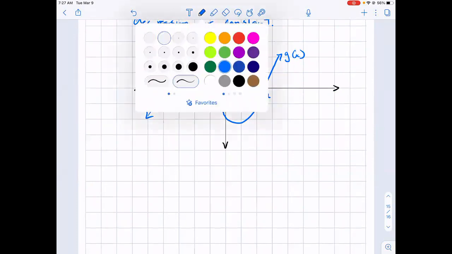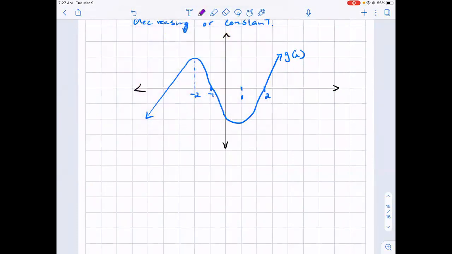So notice that this portion of the graph is increasing. And not only that, this portion here is also increasing, right? So we have increasing here, and we have increasing here.